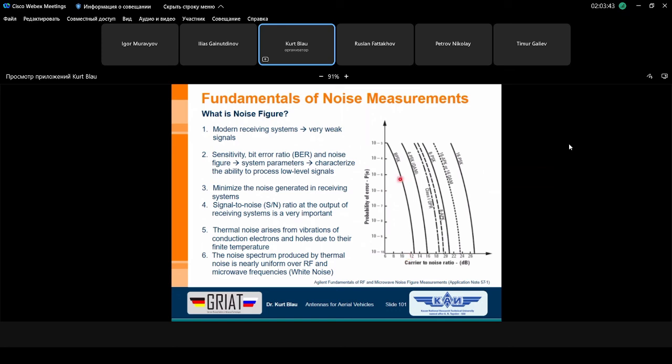And if the modulation schemes are more complicated, we can transmit more information, more different channels, in a given bandwidth. This we can realize with these higher modulation schemes.